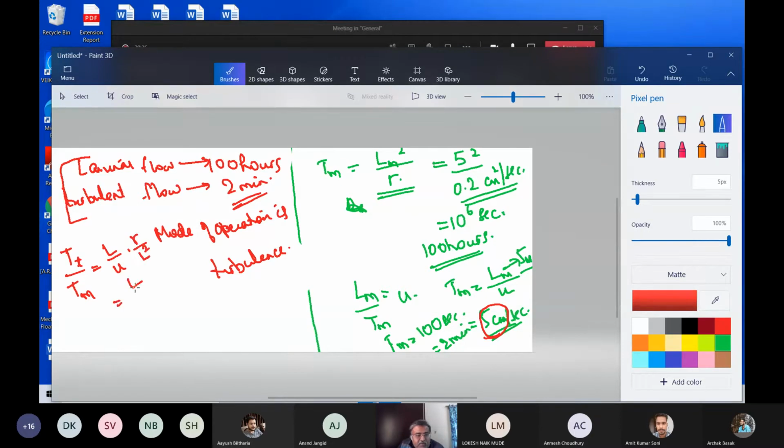So this will be, sorry, gamma by LU. This is TT divided by TM, where TT is the time taken in turbulent convection, whereas TM is the time taken in molecular conduction. It's not convection, it's conduction. It will be gamma by LU.